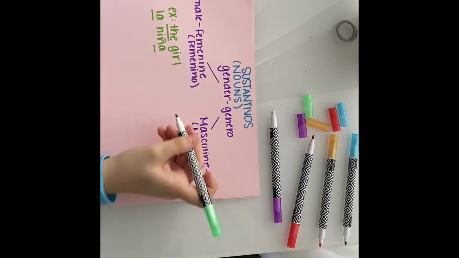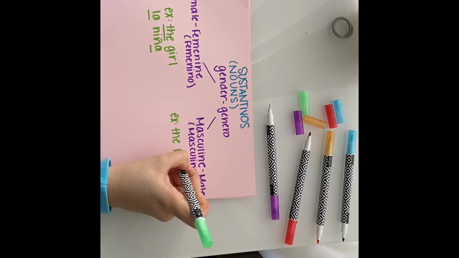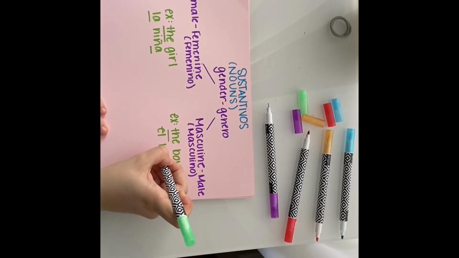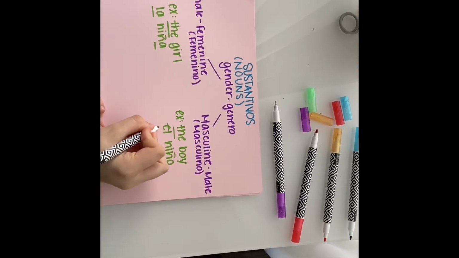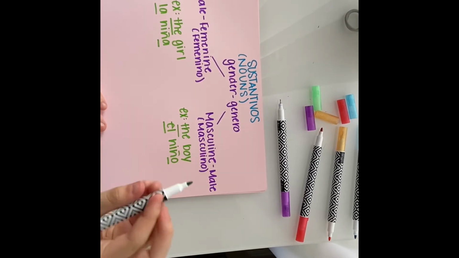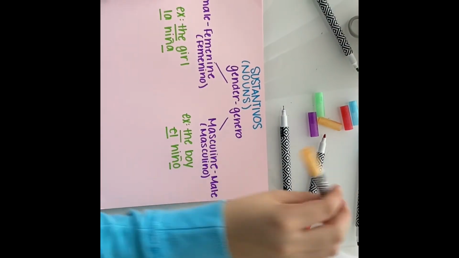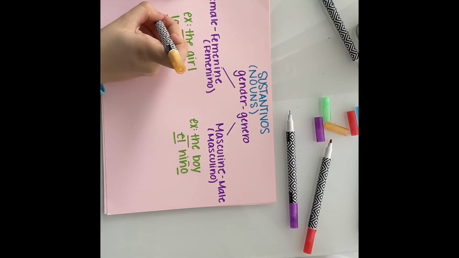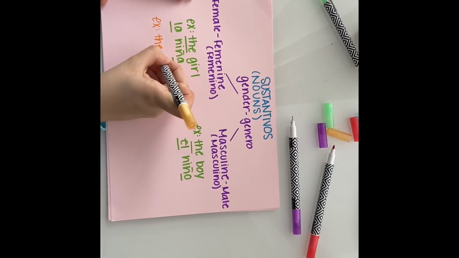La is a feminine article because it ends with an A, and the noun ends with an A too. In masculine, the example would be the boy. The boy would be el niño. El niño ends with an O, and el is a masculine article, un artículo masculino. Another example would be for an animal, it would be the bear.